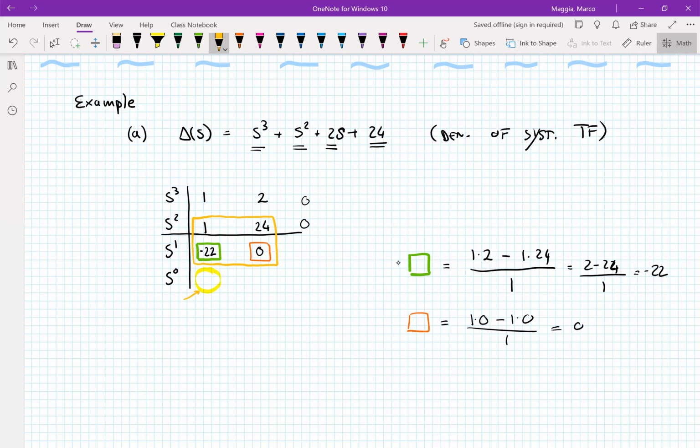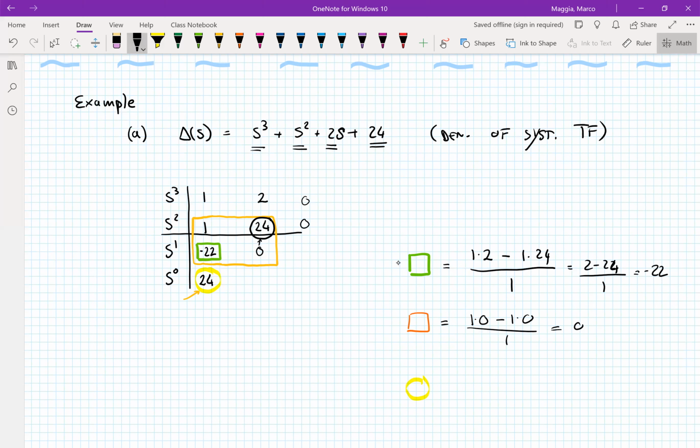All right, so now you can either repeat the figure 8, or whenever you have a 0 to the bottom right, the value for the coefficient that you want to find is exactly the top right, whatever is above the 0. So we're going to have here 24, and I'll show you why using the figure 8.